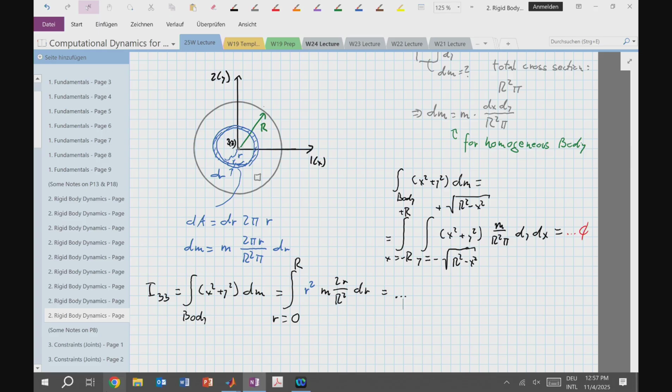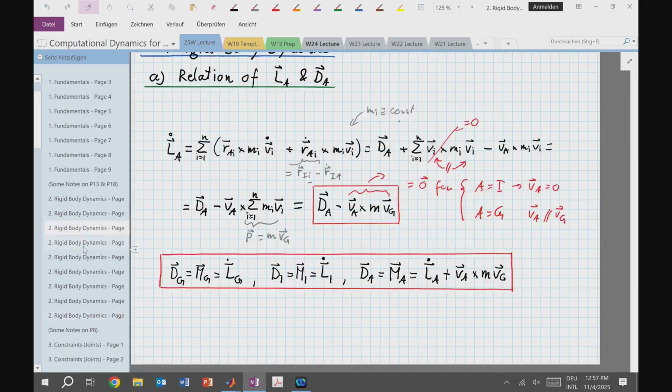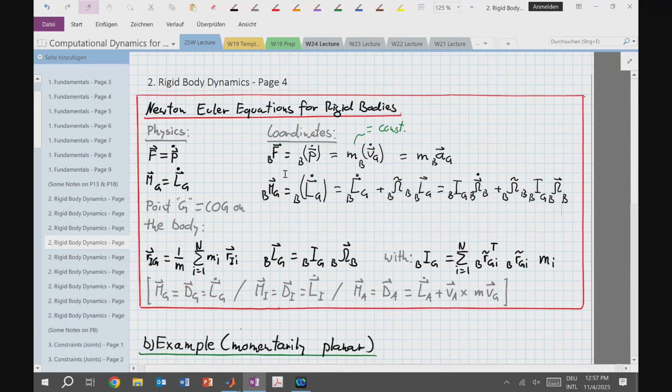In which direction? In this, right? Change in angular momentum is equal to the torque. So my angular momentum vector is changing this way. And those two should be the same, right?